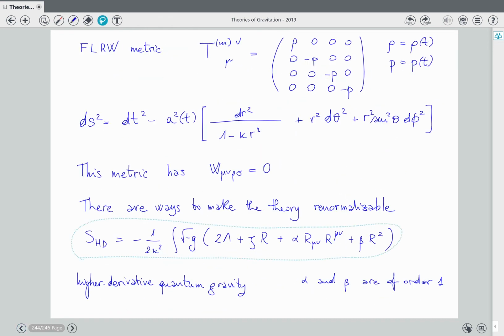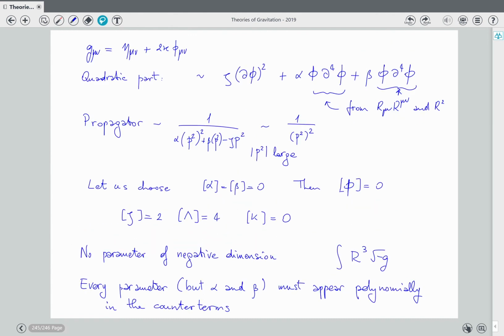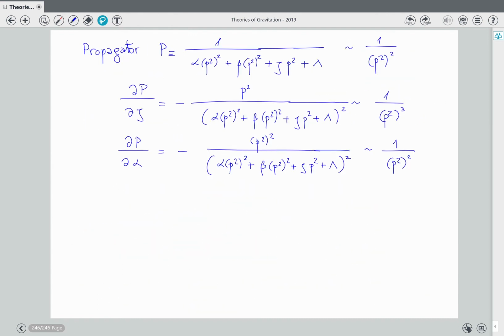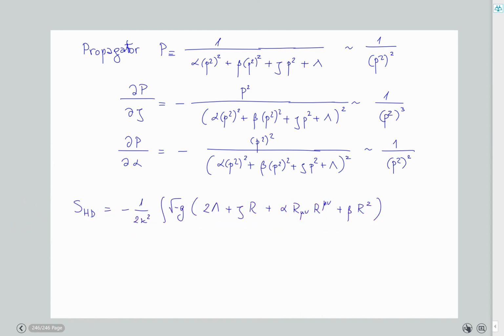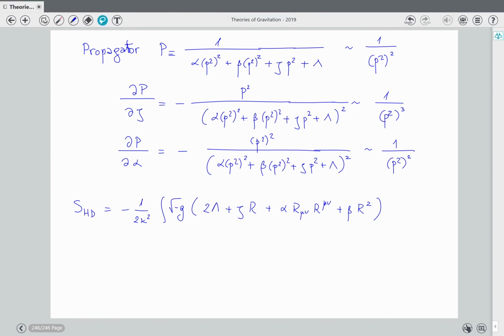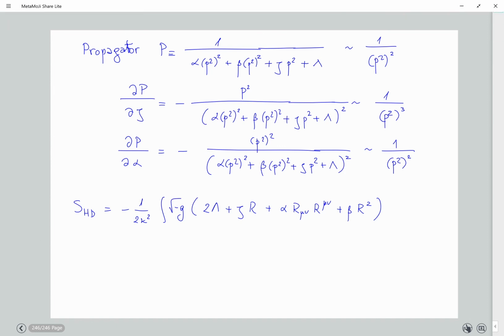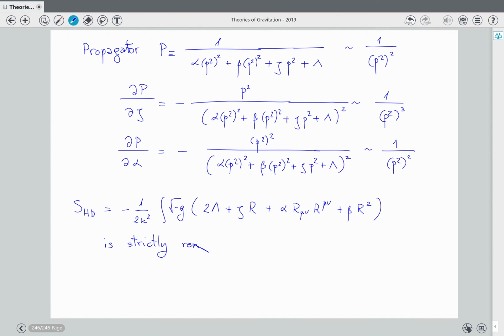So all divergent parts you can compute from this one. So this theory is strictly renormalizable. All the divergent parts are of the same type. Said to be strictly renormalizable when there are no couplings of negative dimension, but at least one has 0 dimension. Kappa has 0 dimension.